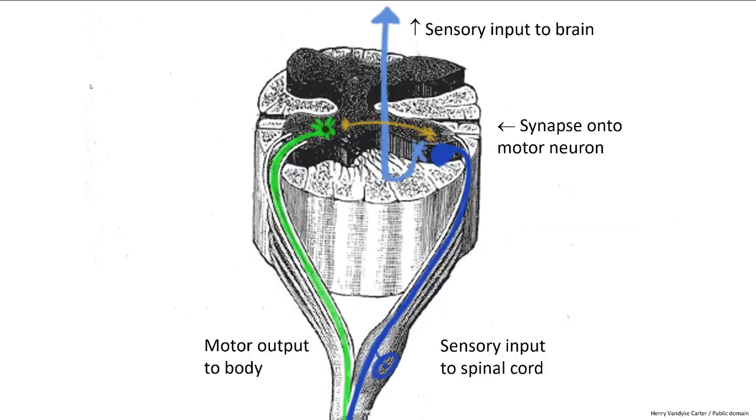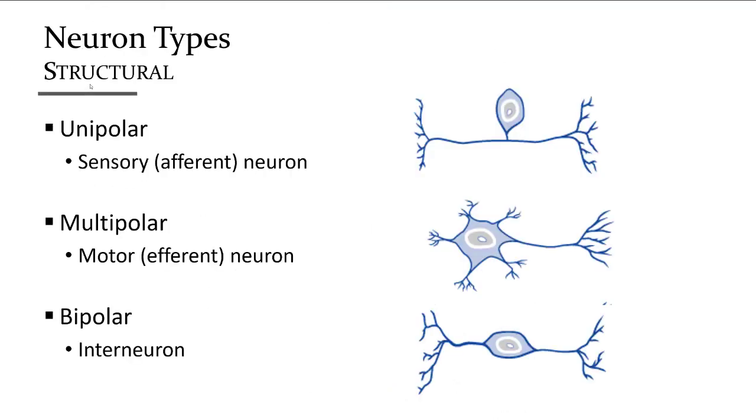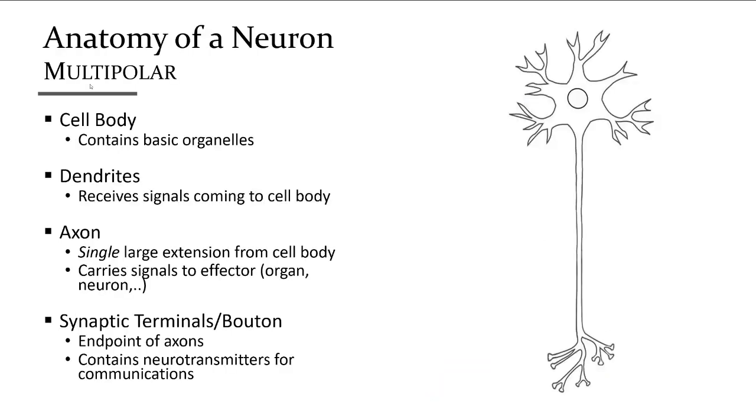From this side view, we can see the sensory neuron going to the spinal cord as well as up to the brain in blue, the interneuron connecting within the spinal cord, and a motor neuron exiting the spinal cord in green. The 3 types of neurons we've just identified can also be classified by structure as unipolar, multipolar, or bipolar.